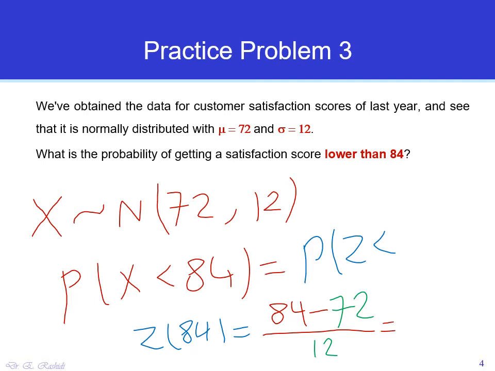That's 84 minus 72, which is 12, divided by 12, and that would be 1. So this is the probability that z is less than 1. Then we look at the table and find that probability, and that would be our answer, which is about 0.84.